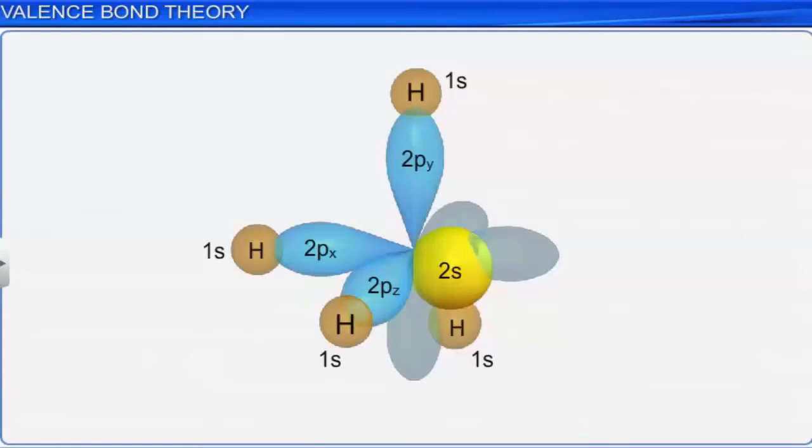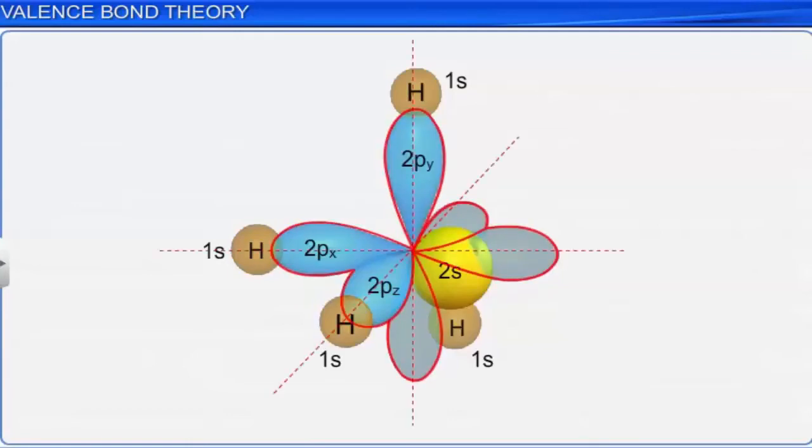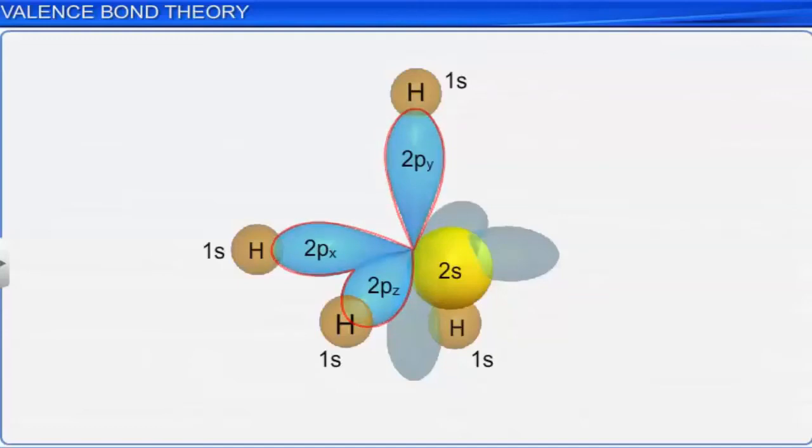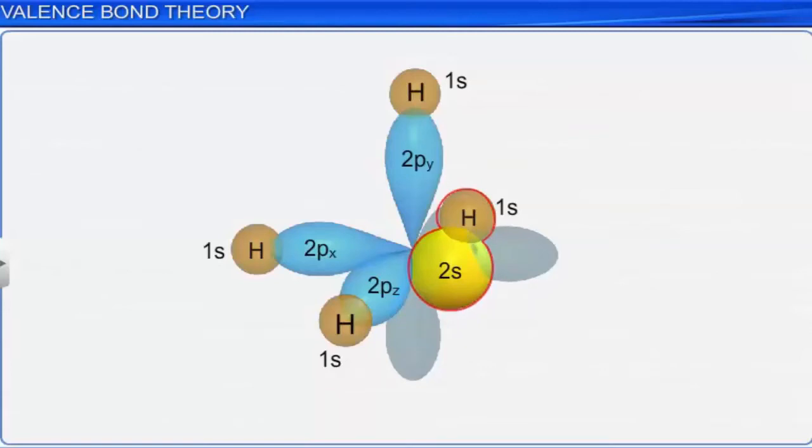We know that p orbitals lie perpendicular to each other. Hence, the three CH bonds in the methane molecule are expected to be oriented at 90 degrees to one another. The 2s and 1s orbitals of carbon and hydrogen can overlap in any direction, since they are spherically symmetrical.